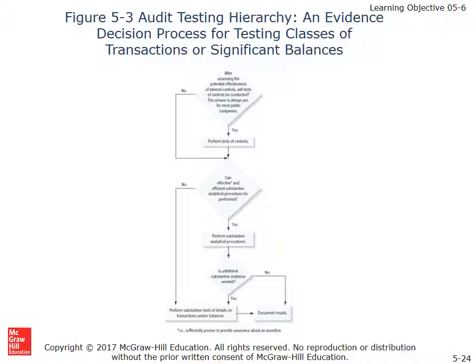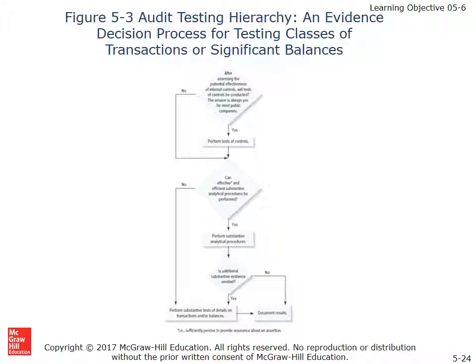So now you're collecting audit evidence, tracing, vouching, doing things like that. Confirmations, inquiries, whatever you decide needs to be done and has the strongest evidence about that account, because I think this was for testing classes of transactions. So that's more of the vouching and tracing.